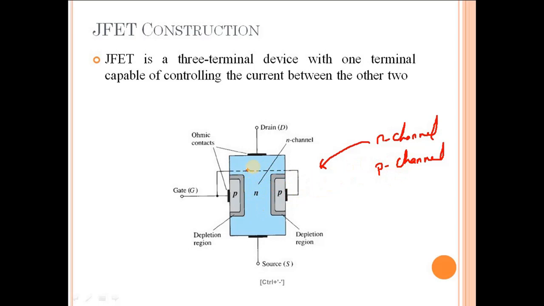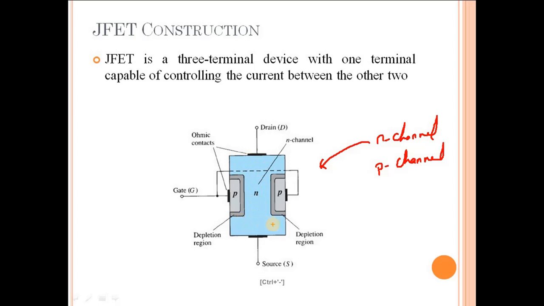An N-channel JFET will comprise a majority portion covered by an N-type semiconductor. This portion is an N-type semiconductor, and this comprises the channel. This N-type semiconductor comprises the channel part of the JFET, and it covers most part of the JFET.